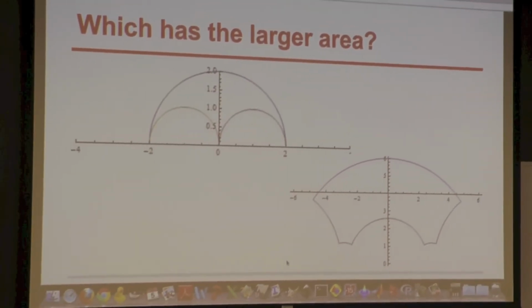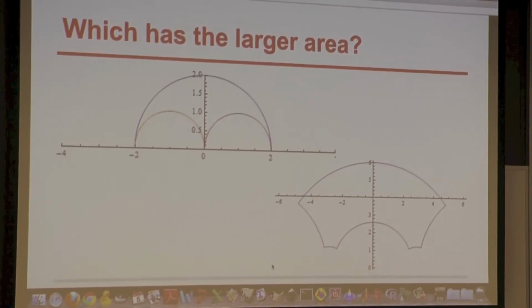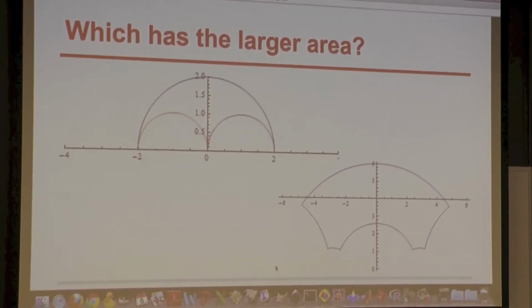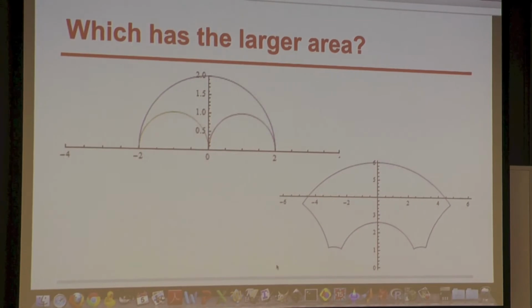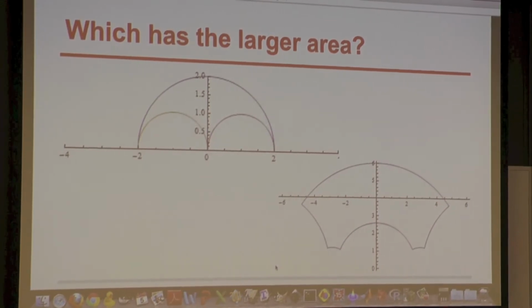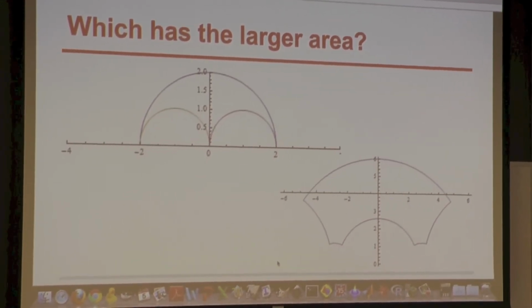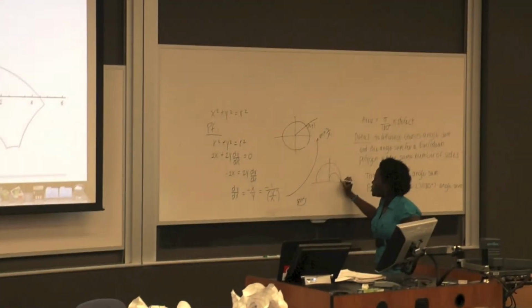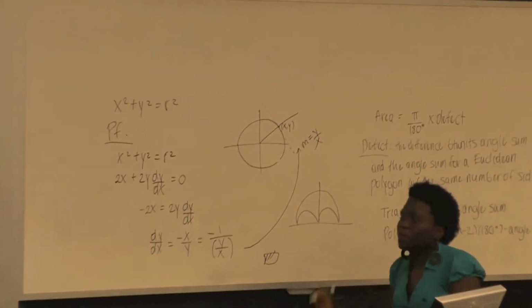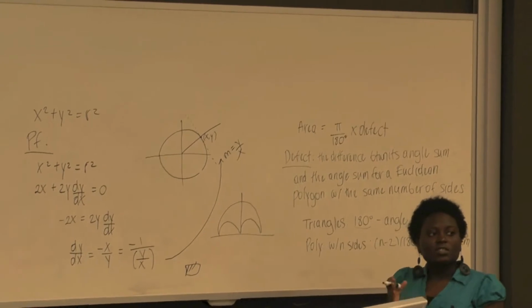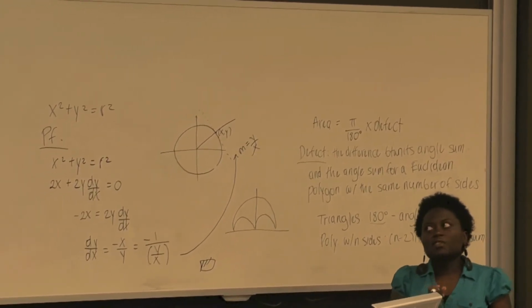So to figure out the angle sum for that one, we just have to figure out essentially what each of the three angles is, right? So if we go on this, we have a circle of radius 2, and then we have two smaller circles of radius 1, right? So remember that the angle is the Euclidean measure between the Euclidean tangent rays, right?